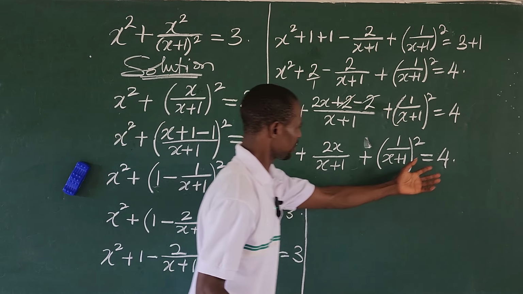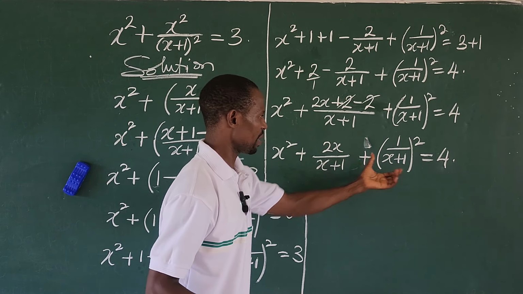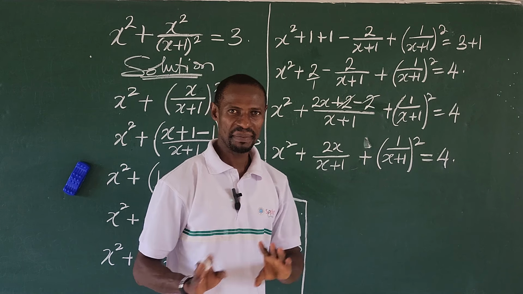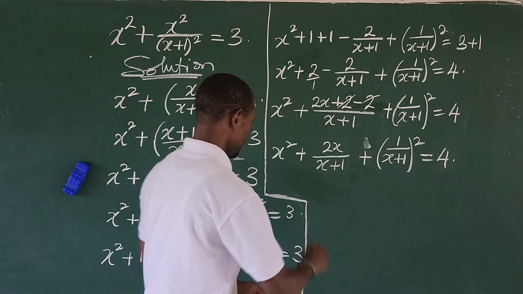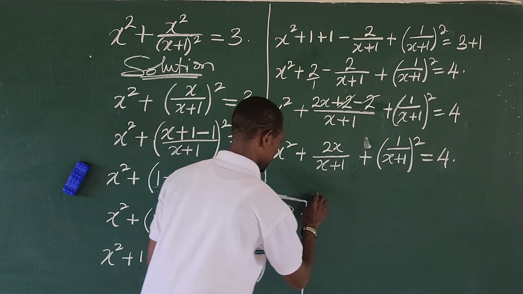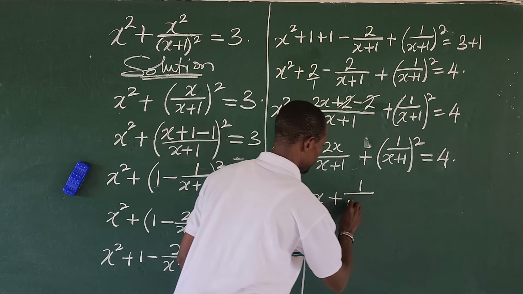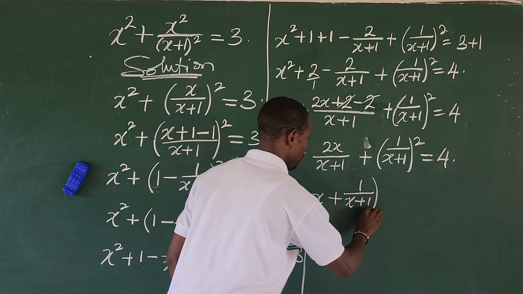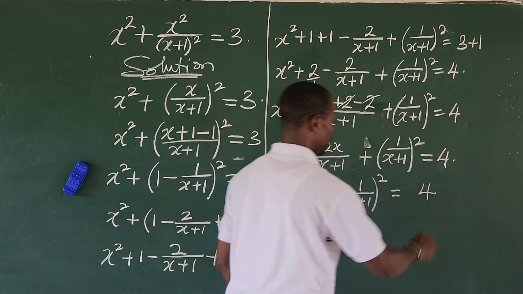All right. So from this point, what do you observe? You discover that this will leave the system and we can bring this and this. So remember that while solving a quadratic equation using the completing the square method, we can add this and this. So this is going to give us x plus 1 all over x plus 1, all to the power of 2. This is equal to 4 here.